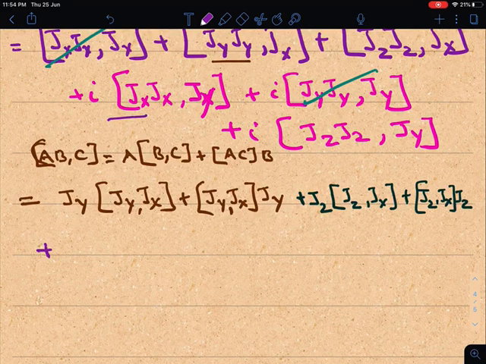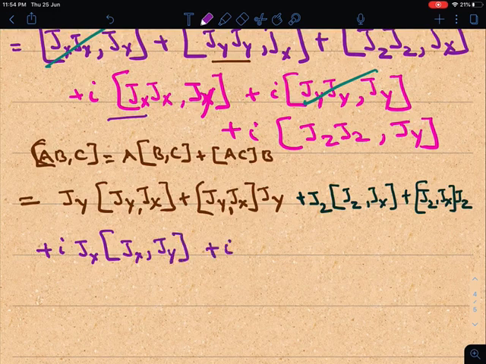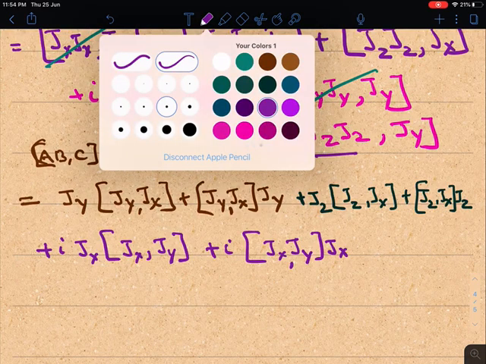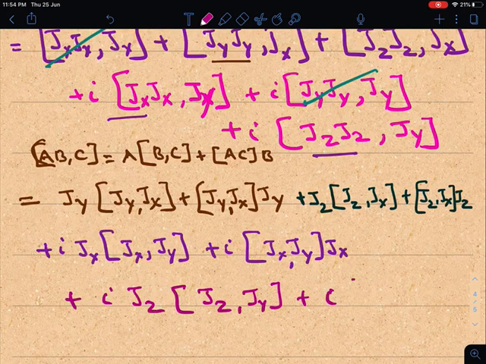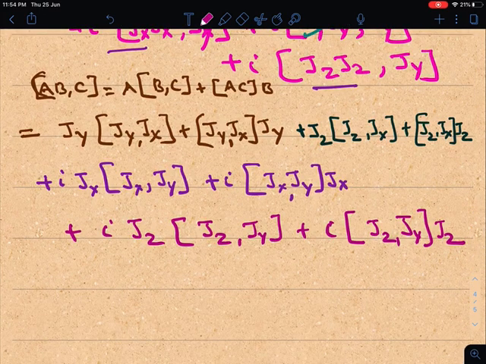Again these i terms: i times Jx with the commutator of Jx with Jy, plus i times the commutator of Jx with Jy times Jx. This term plus, tell me this, i Jz times the commutator of Jz with Jy, plus i times the commutator of Jz with Jy times Jz.